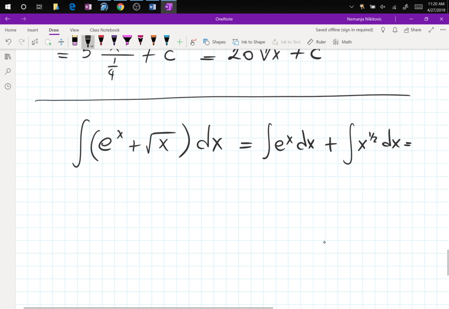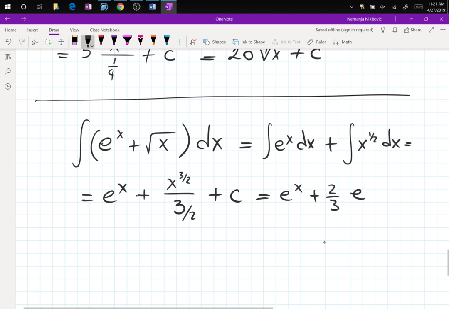Your answer will have no integrals, so the integral of e to the x is e to the x, and the integral of x to the 1/2 is x to the 3/2 divided by 3/2, plus c, or minus 1, and then plus 2/3 x to the 3/2 plus c. There we go.